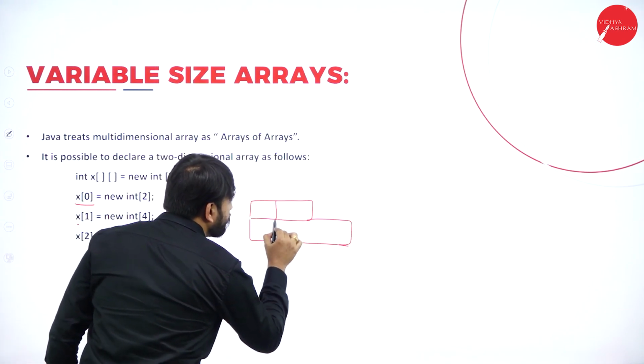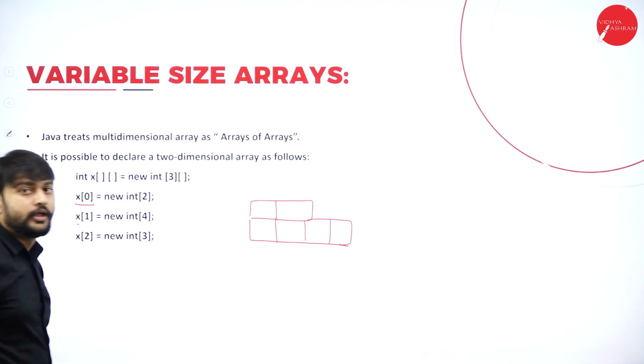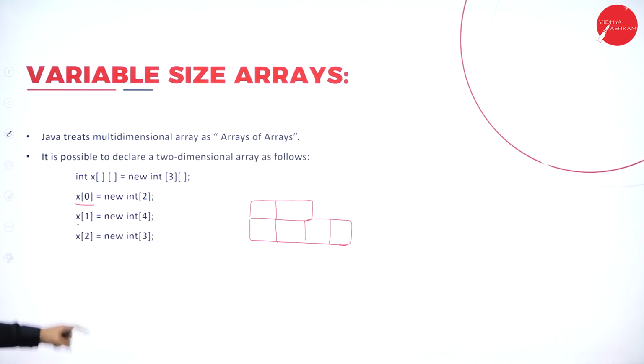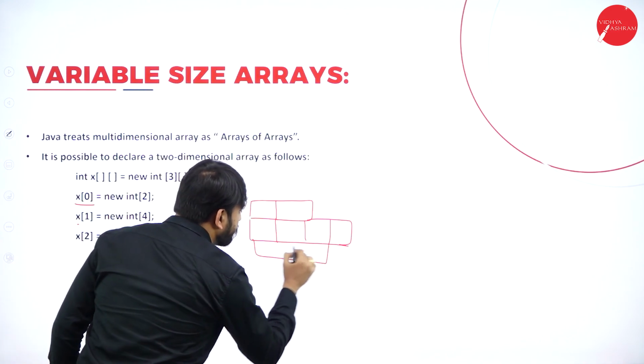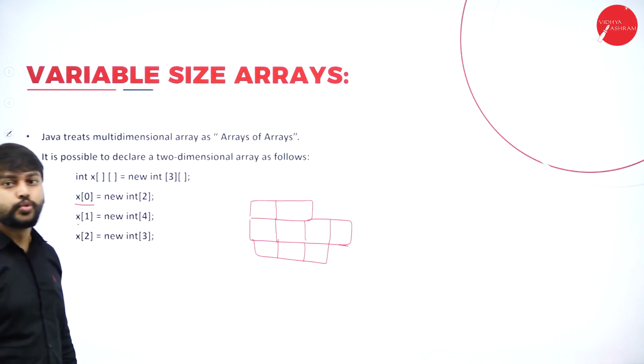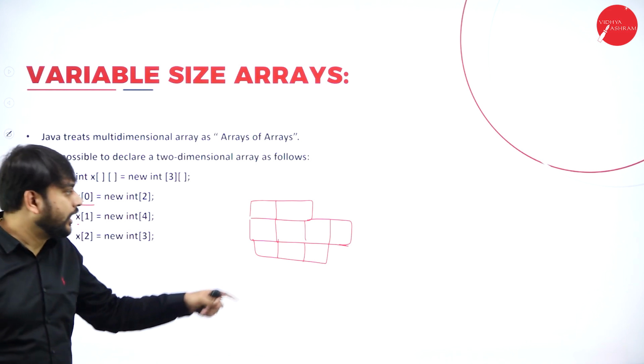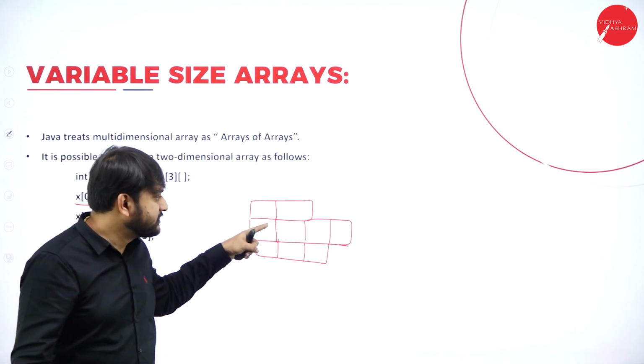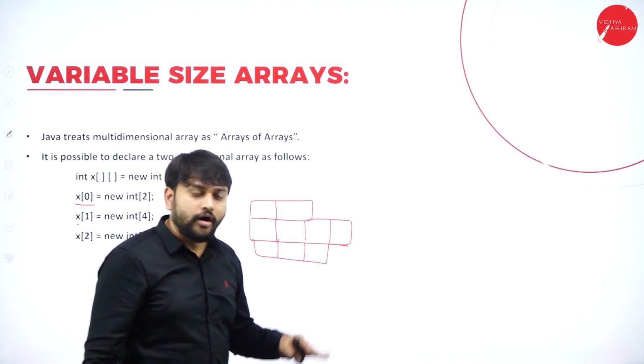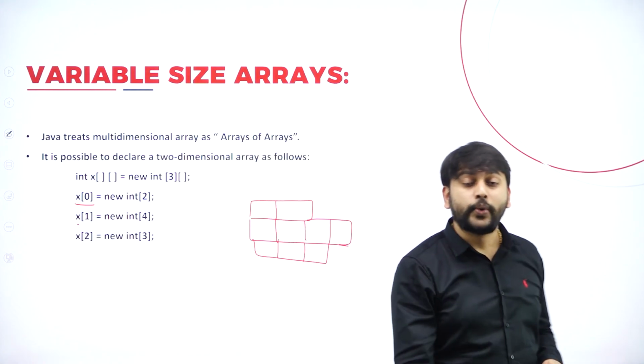I will have 4. So 2, 3, 4. But for the third one, x[2], how many elements will I have? I will have 3. This is what I call a variable size array. You need not have the same size in all the rows. That's what we call a variable size array.